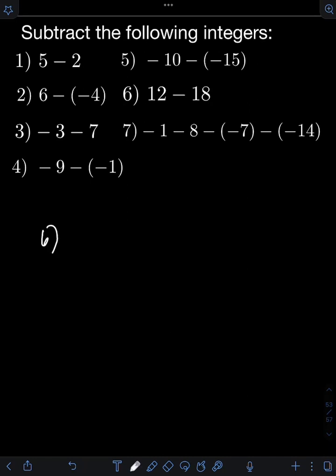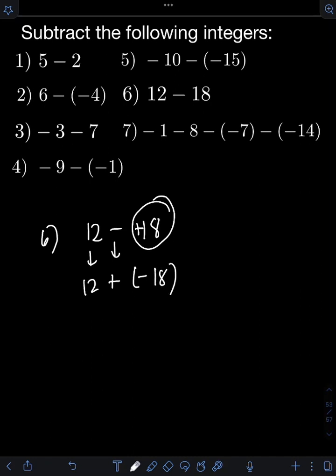For number 6, we have 12 minus 18. Again, copy the first number 12. Change the minus to plus. Change the sign of the subtrahend to its opposite. It has an invisible sign of positive. So if we change it to its opposite, it should become negative 18. This time we are adding 12 plus negative 18, which falls under addition of unlike signs, one positive and one negative.